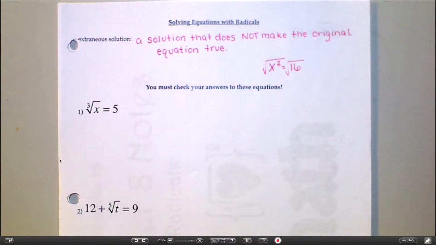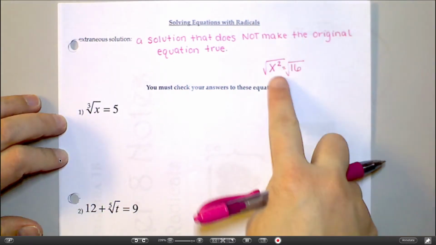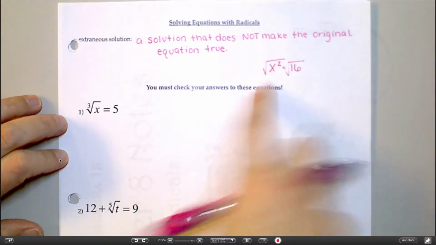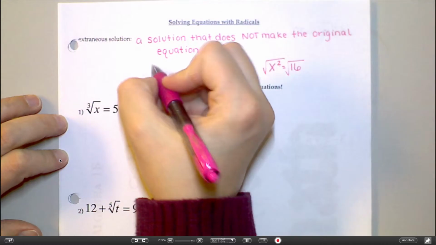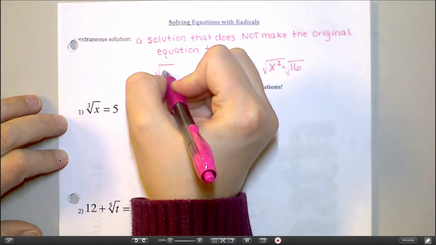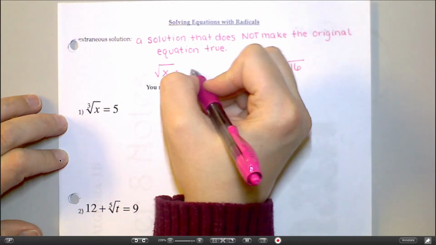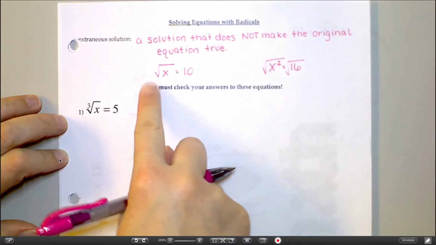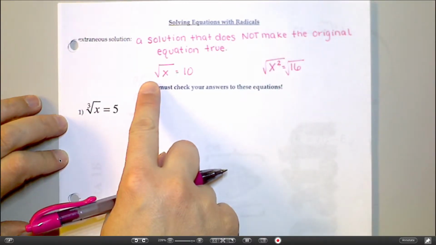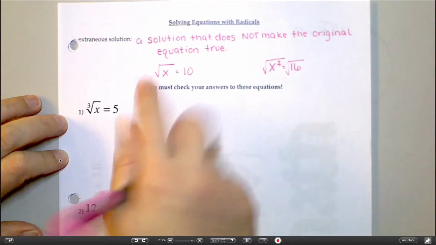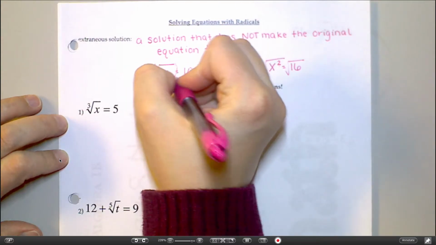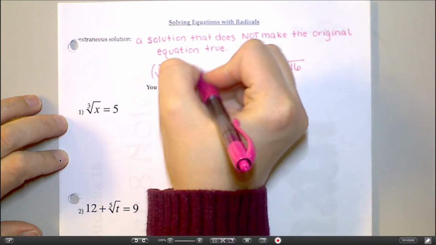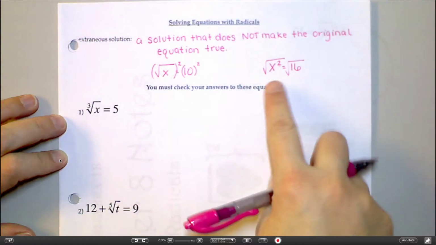When we had x squared, we used a square root to get rid of it. What if I had the square root of something? What if I had the square root of x equals, I don't know, 10? How would I get rid of a square root? Square it, yeah.